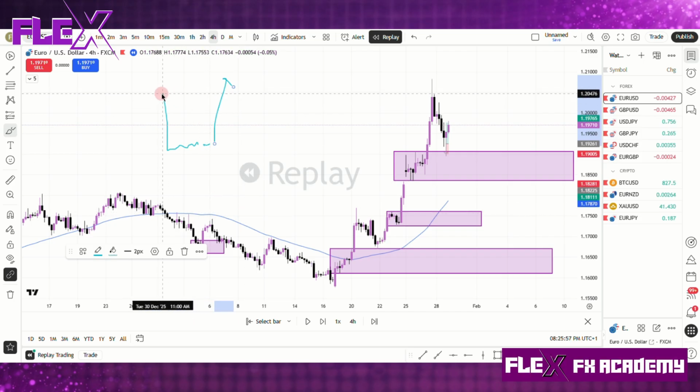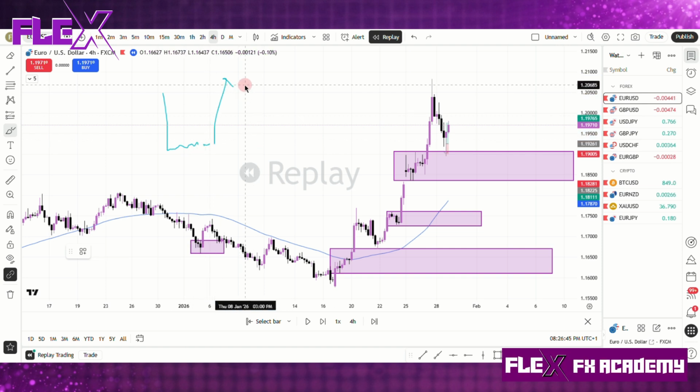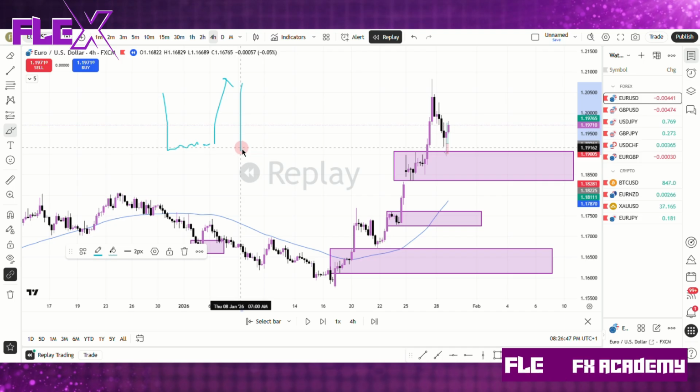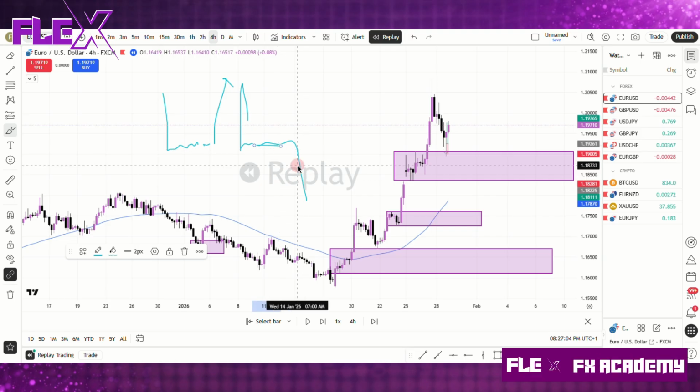This is called drop base rally. Another way you can look at it is a decisive candle led to your base and then dropped. Another decisive candle dropped down, giving a very serious bearish move. So you can call this drop base drop.